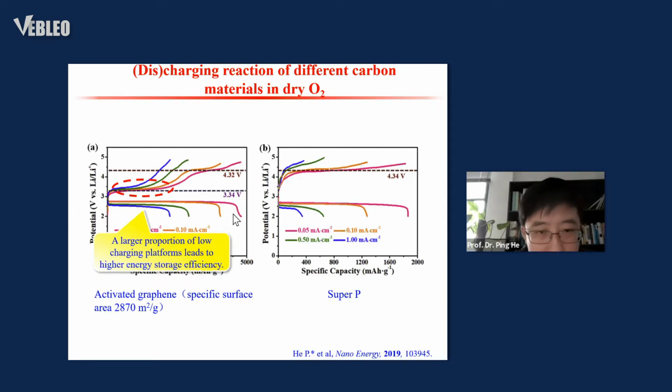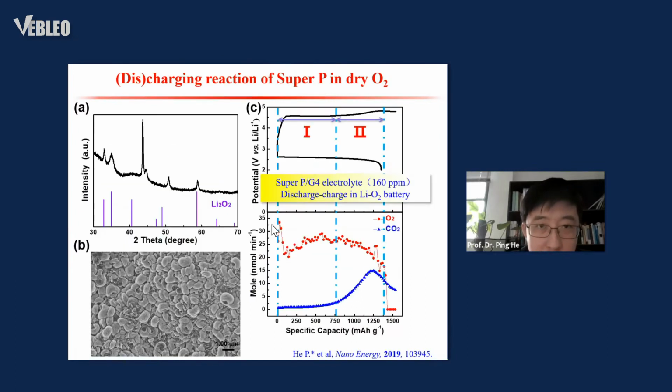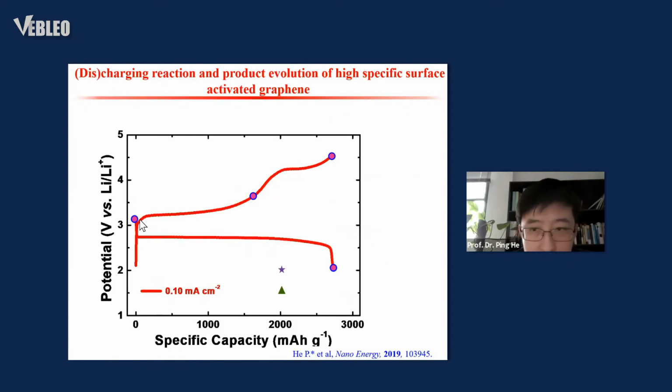So the problem is what leads to these charge platforms. So if we do the discharge and charge curves and the ex situ characterization after discharge to this point, we take the XRD characterization and the SEM.